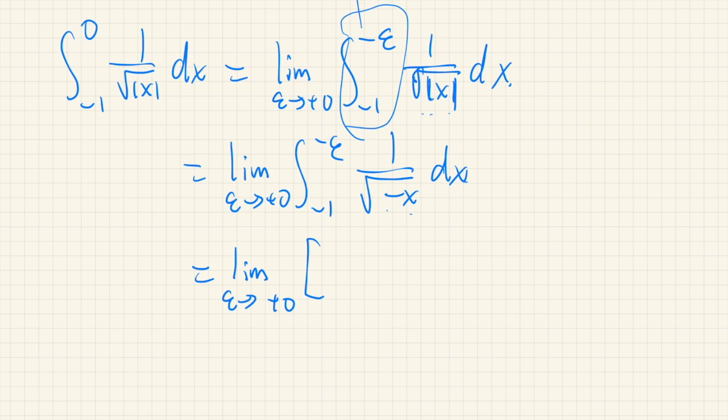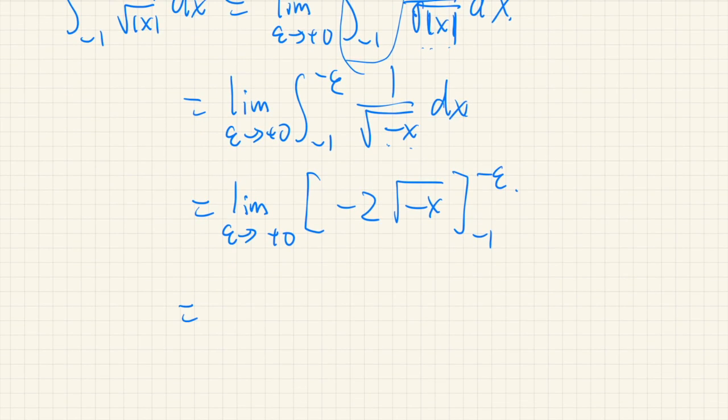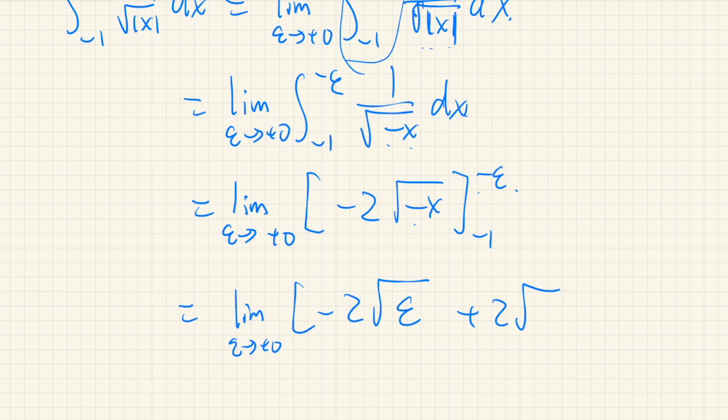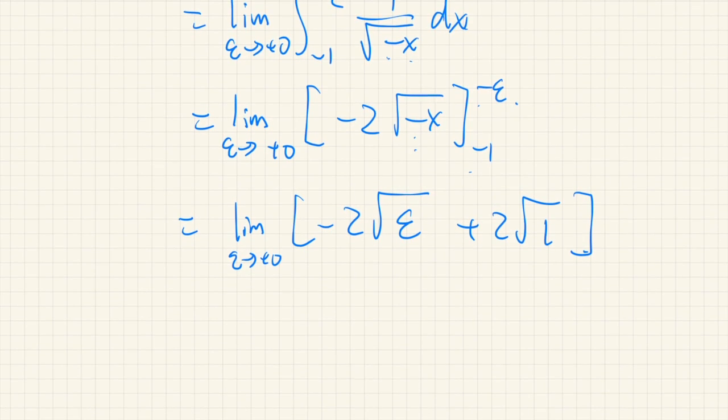And we have a negative sign here, so it should be -2 times the square root of -x, evaluated from -1 to negative epsilon. So that is the limit of -2 times the square root of epsilon, plus 2 times the square root of 1, which is 2.